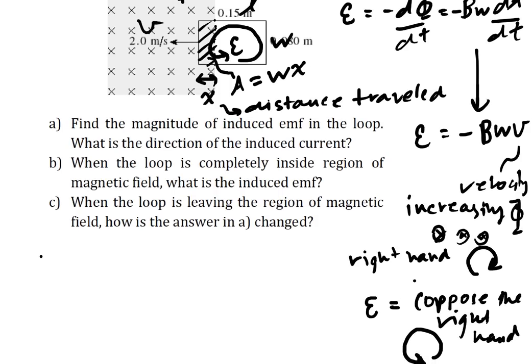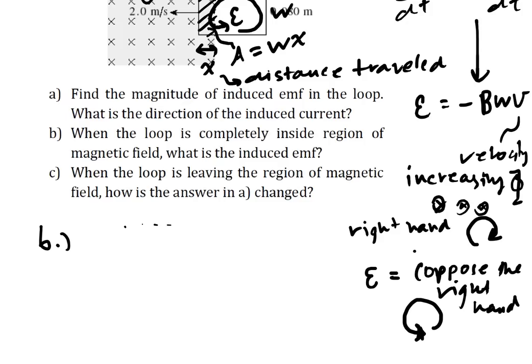Okay, so for the B, when the loop is completely inside the region, so here I'm drawing the region of the magnetic field, okay, like this.